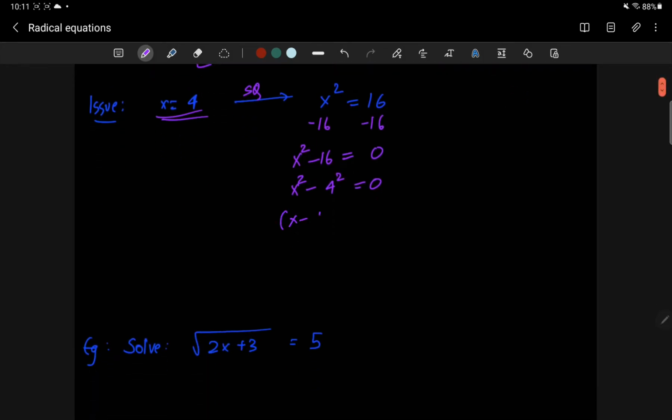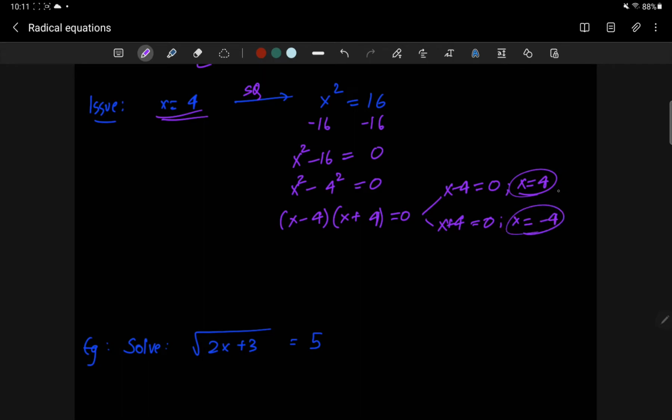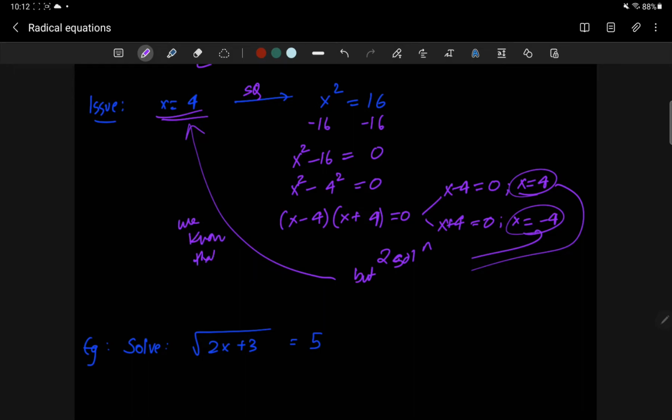This is going to factor as a minus b and a plus b equals 0, which then becomes x minus 4 is 0 and x plus 4 is 0. The first of which gives x is 4 and the second gives x is negative 4. This is giving me two solutions, but we know that x is actually 4.